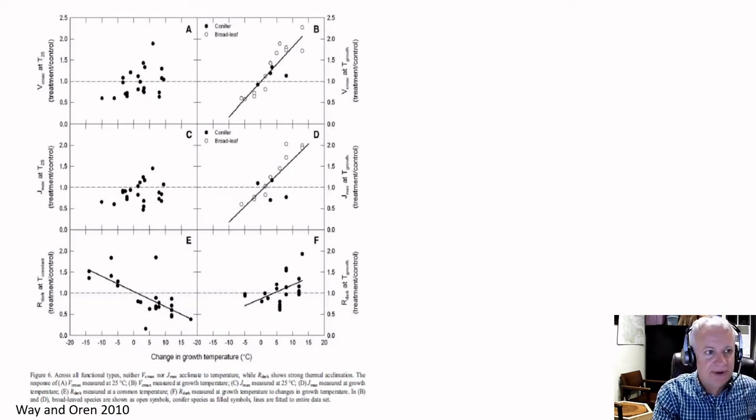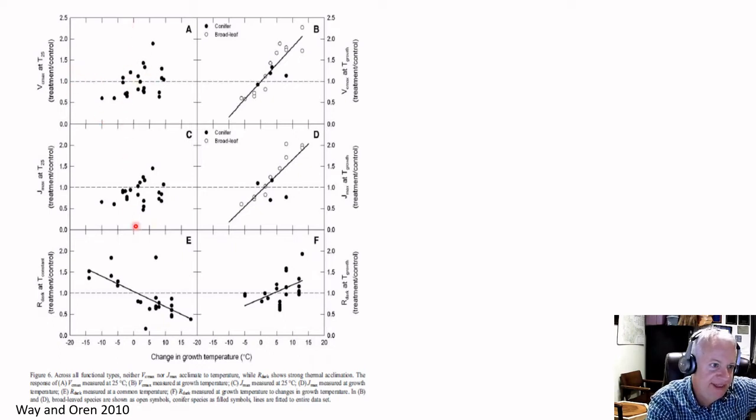Now here's an example. This is a meta-analysis of a lot of different studies of photosynthesis in both conifers and broadleaves. What they're showing here is a couple of different things.